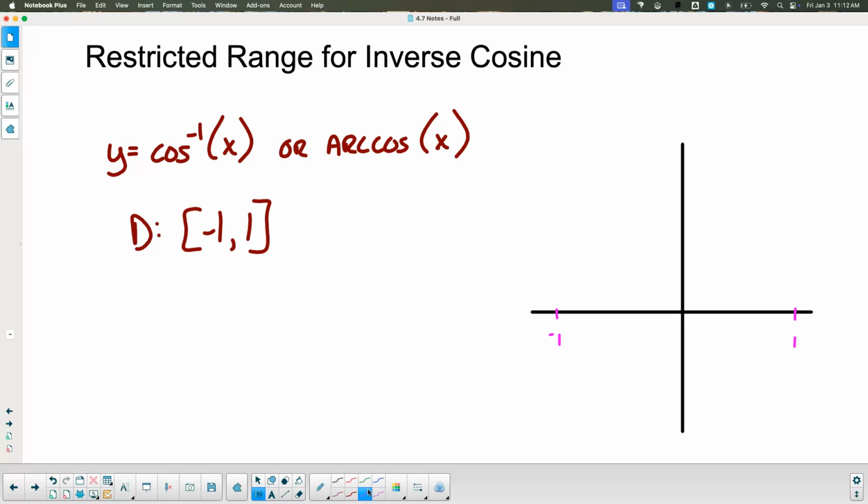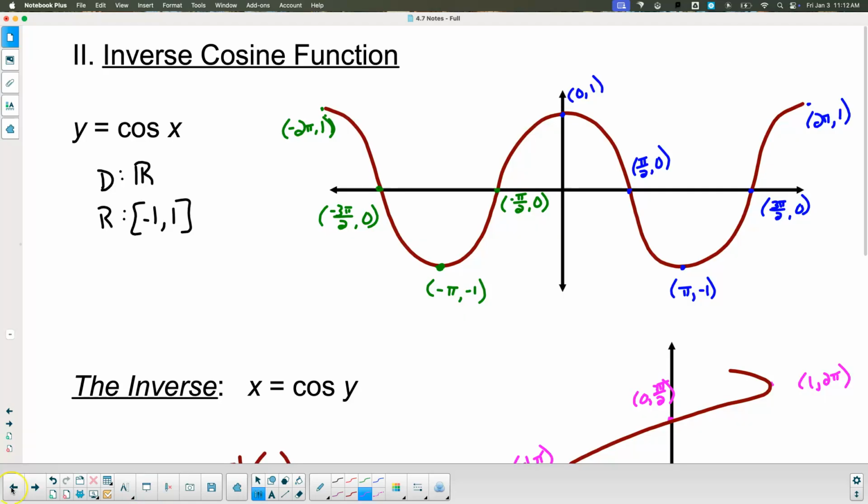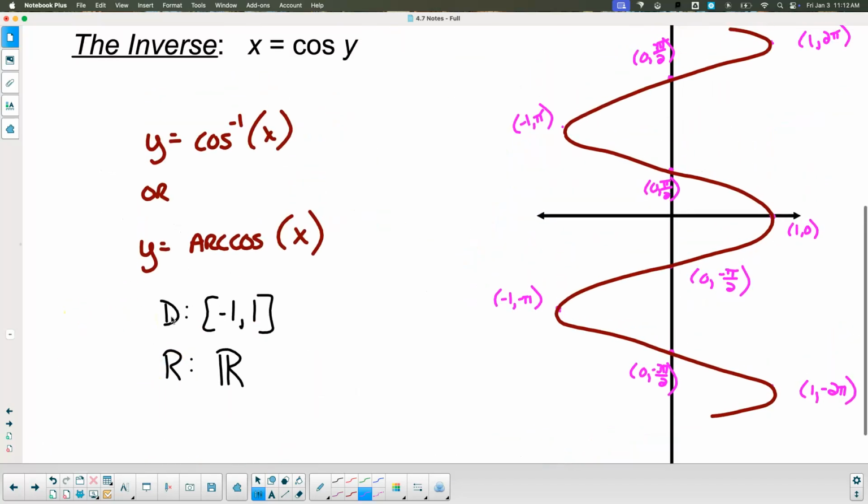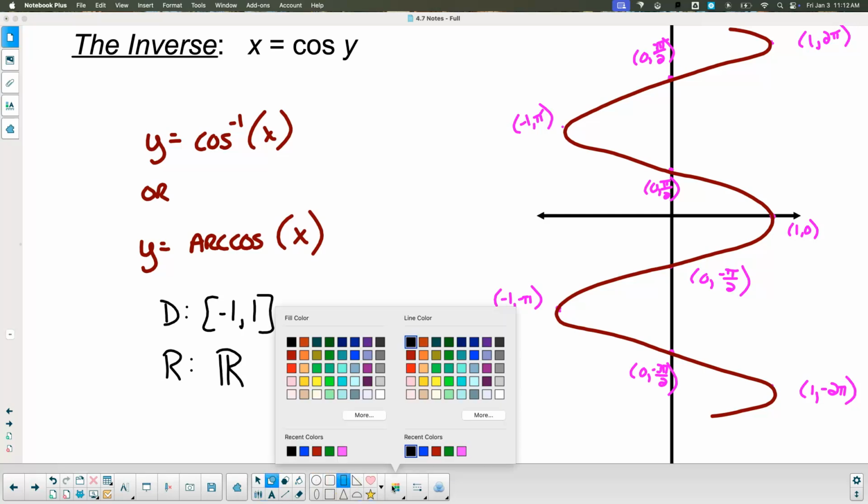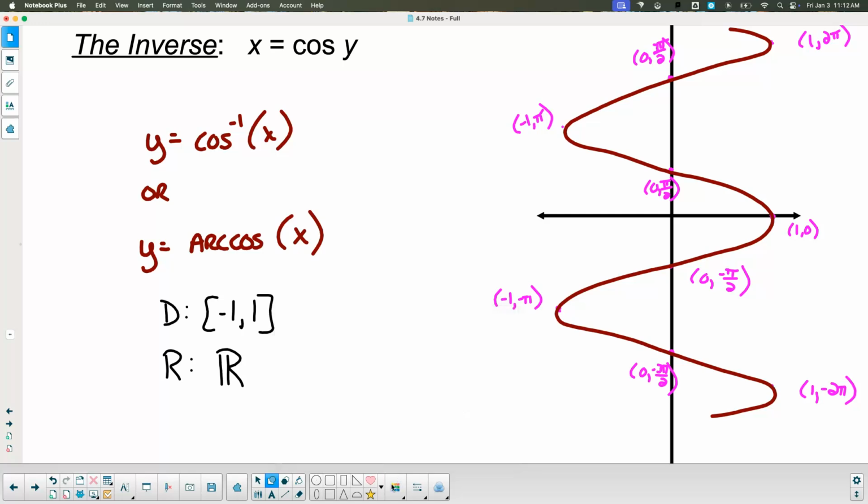Okay? But I'm going to focus in, double click here, but I'm going to focus in that box right there.